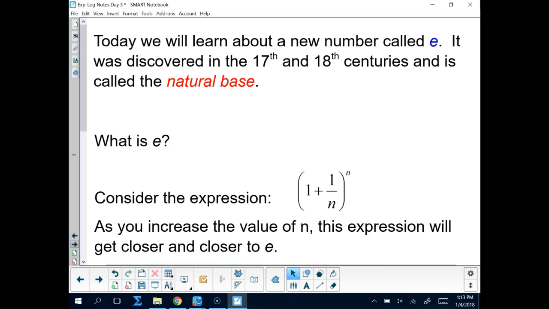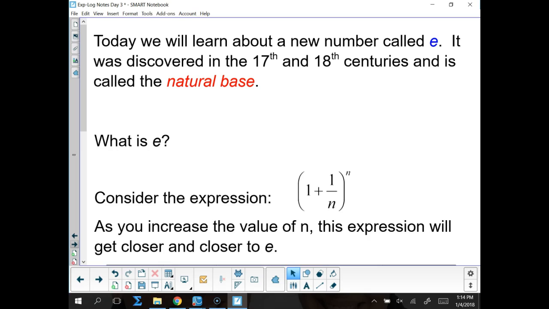So, let's consider the expression 1 plus 1 divided by n, all to the nth power. Where have you seen that expression before? Or, more importantly, what does it look like?